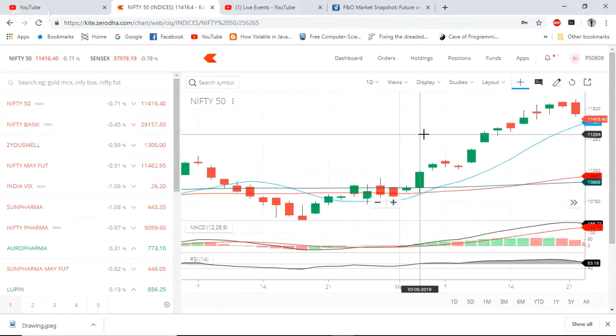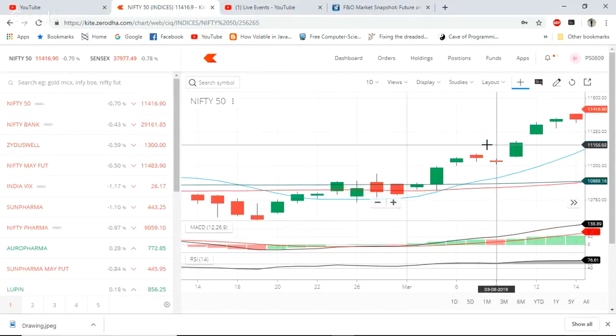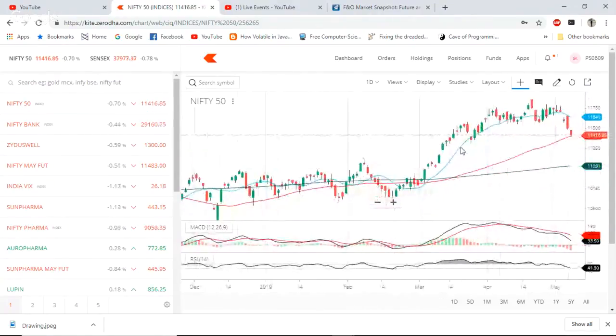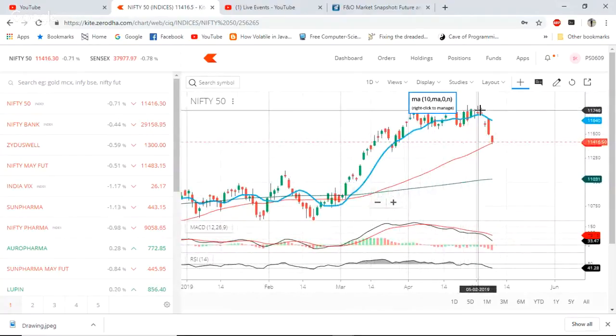Now let's come back to Nifty. All the things in this Nifty part you may not be able to understand, but you can refer to the next videos for a clearer understanding. Let's zoom it back to normal. In this Nifty, on 3rd May, 2nd May, and 30th April, there were three candles.